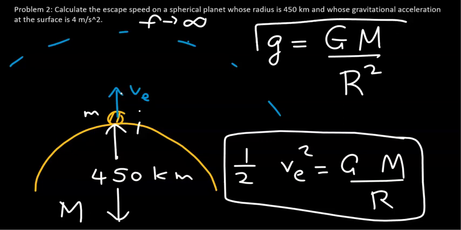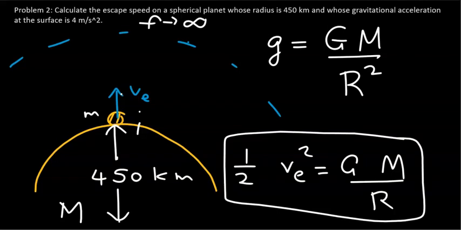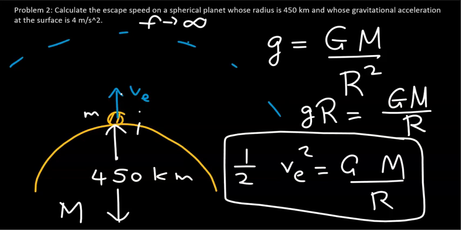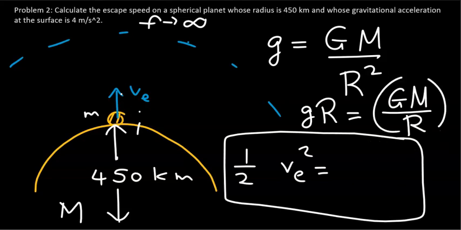Now this is a result that we have seen in our previous video. So from this result, we find that little g times the radius is quite simply capital G, mass of the planet, over the radius of the planet, which is the term in here. So the right hand side of this equation is simply little g times the radius of the planet.